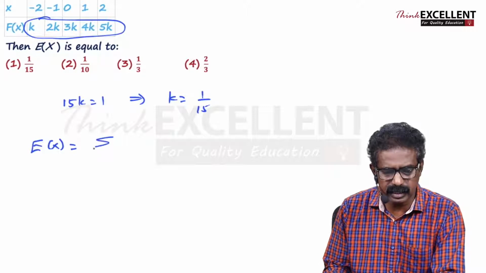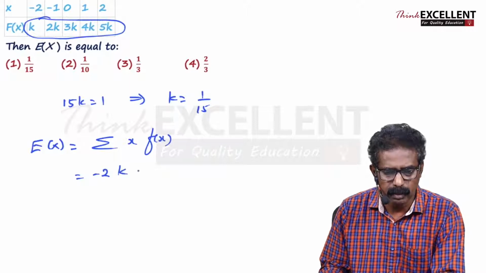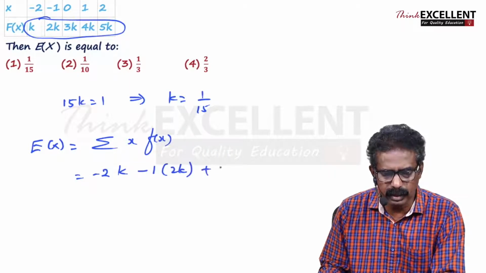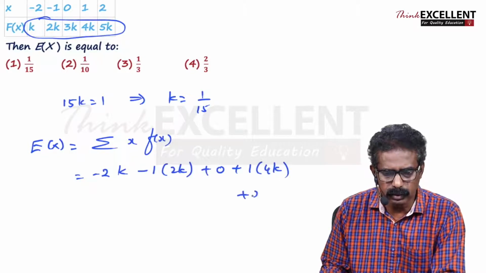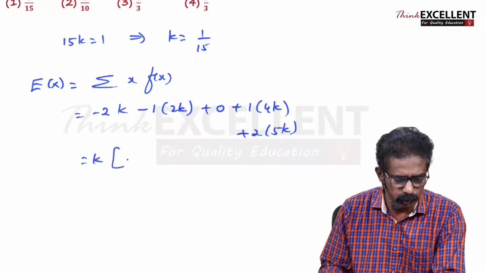Since it is discrete, E of x is sigma x into f of x. So minus 2 into k, minus 1 into 2k, plus 0 into anything is 0, plus 1 into 4k, plus 2 into 5k. In all the terms, you can take k common. What is left out?